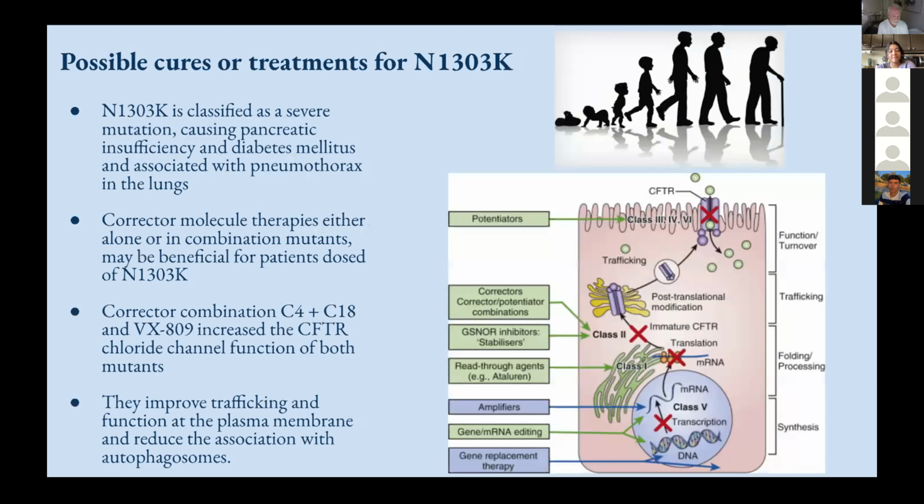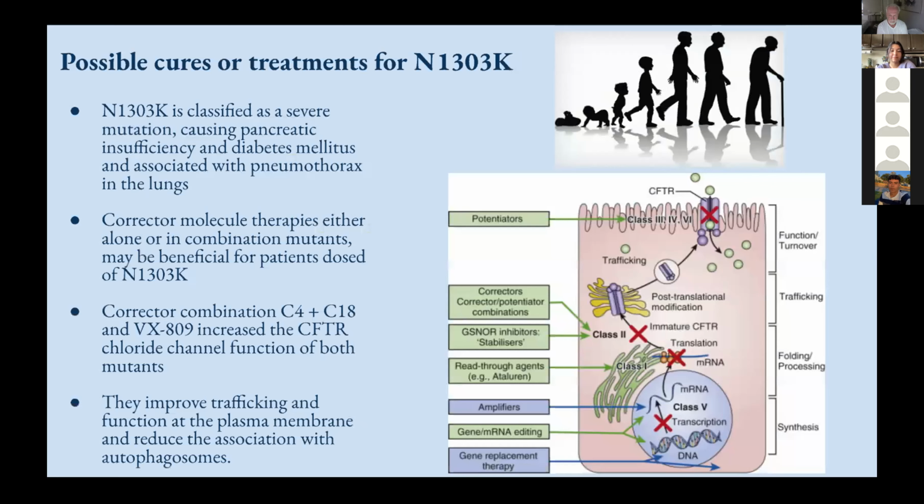The mutation is also classified as a severe mutation causing pancreatic insufficiency, and it does cause diabetes mellitus, and it's associated with pneumothorax in the lungs.